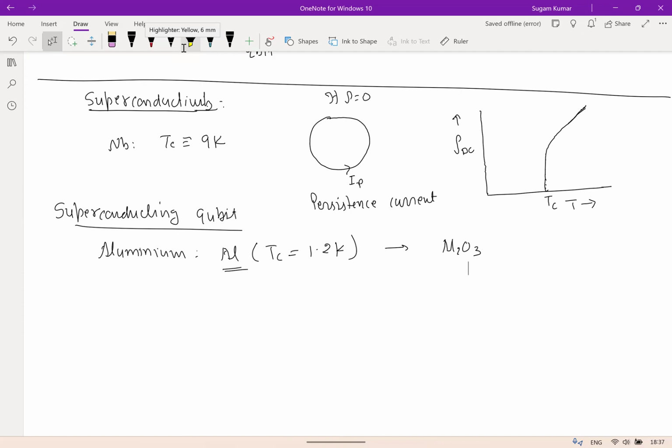There are many theories of superconductivity, and one of the important ones is called flux quantization. It will be good if you study superconductivity by yourself; I will not be discussing all the parameters here.